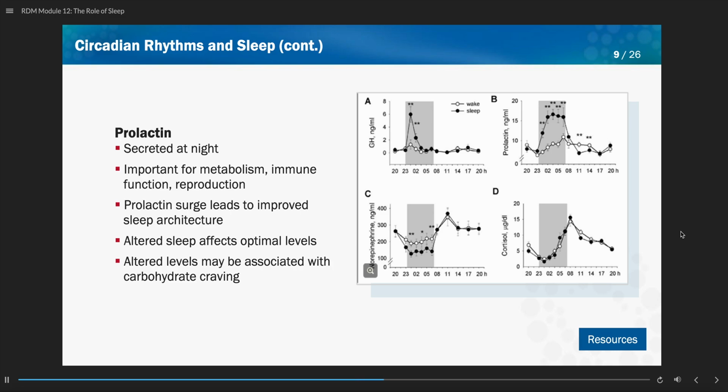And we see that when we have disrupted sleep, either from sleep apnea or from work schedules, this altered sleep affects the levels of prolactin. And the research shows that critically, this prolactin disruption may be associated with carbohydrate cravings, which is really important when we're discussing obesity and the development of insulin resistance.